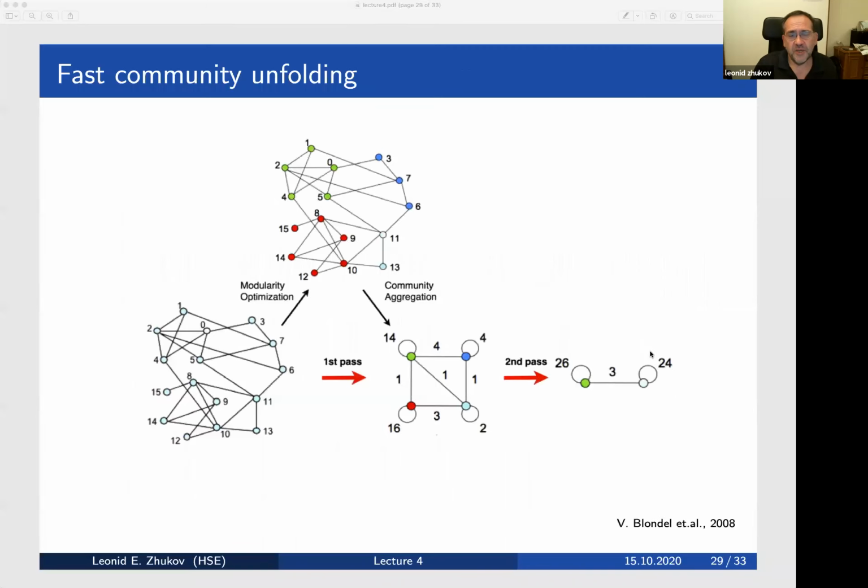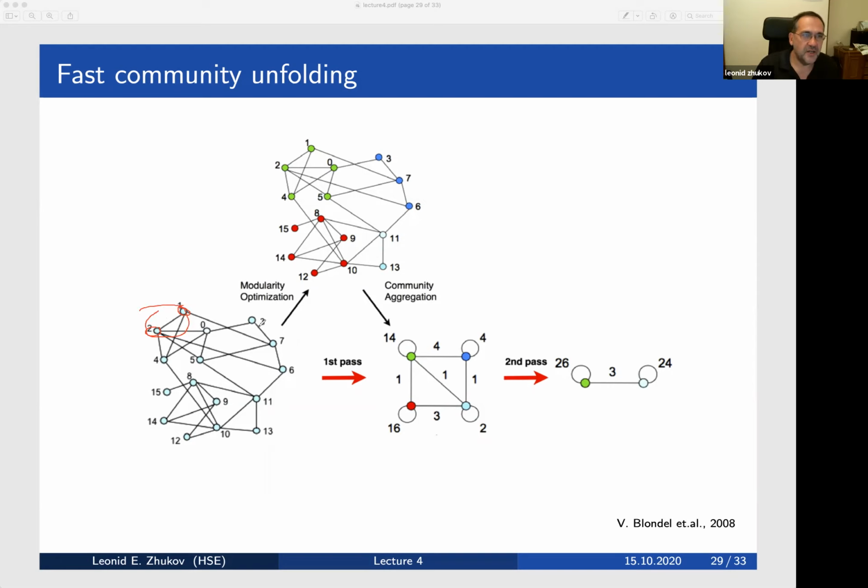Let me just show it on the picture, and then it might make more sense. Every node starts as its own community. Then you say, okay, let me take node 1 and node 2 and call them a community, and let's check the modularity score for the graph. If it is improving, then I just keep them as a community.